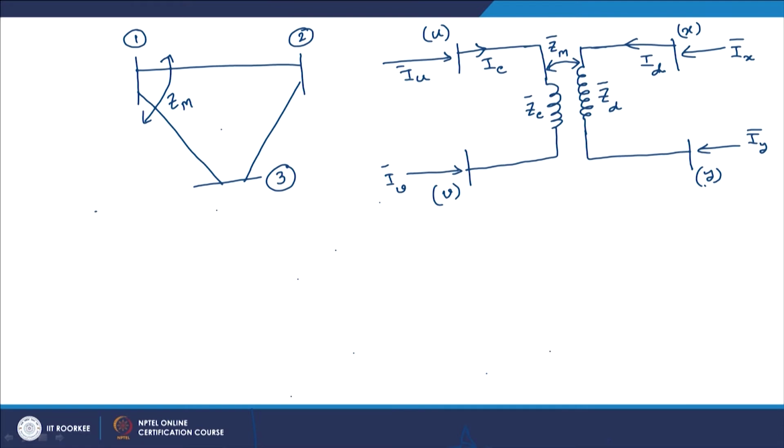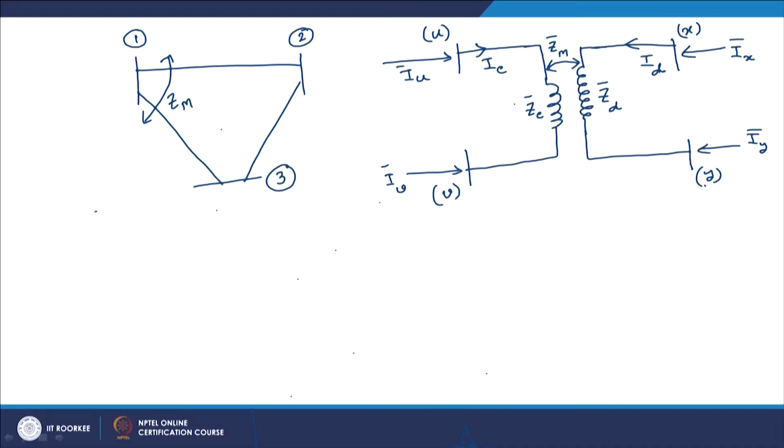What we are trying to do is formulate an equivalent circuit between bus U, bus V, bus X and bus Y, such that after we form the equivalent circuit connecting all these 4 buses, we would be able to apply the standard rules of forming the bus admittance matrix. So, essentially that is our goal.